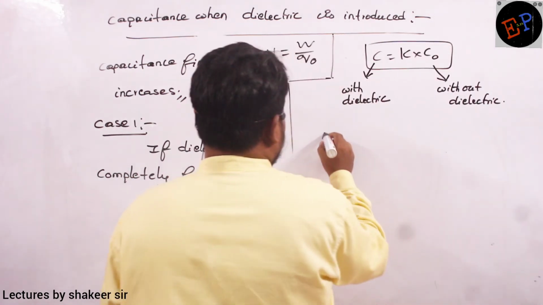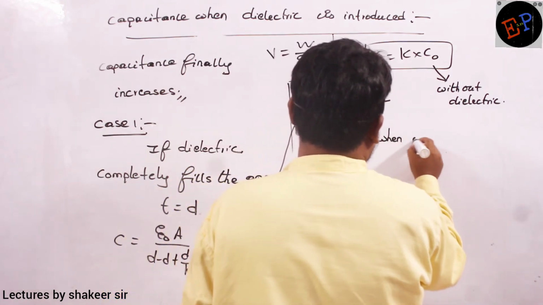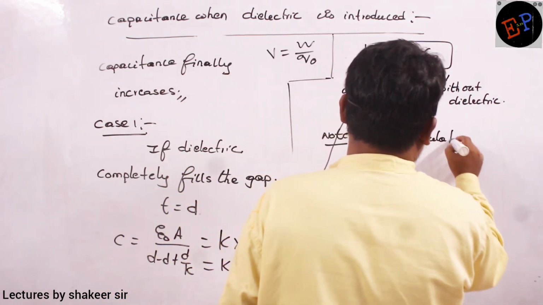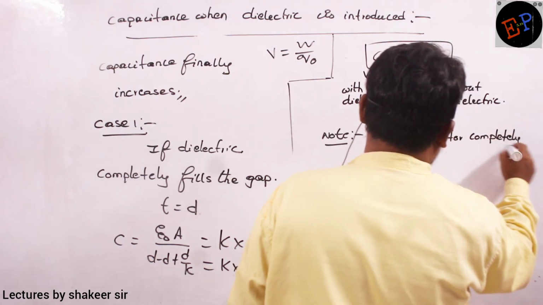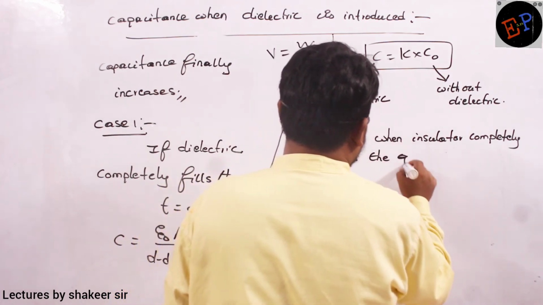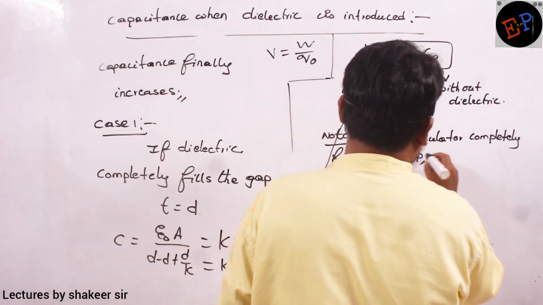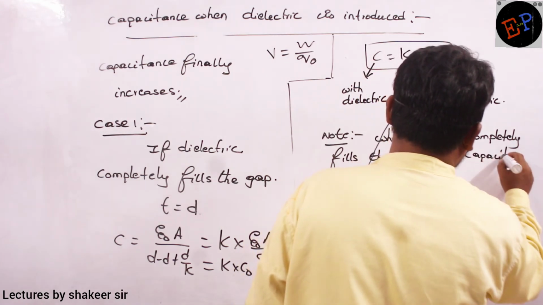Okay, so therefore when insulator completely fills the gap, then capacitance increases by how many times?